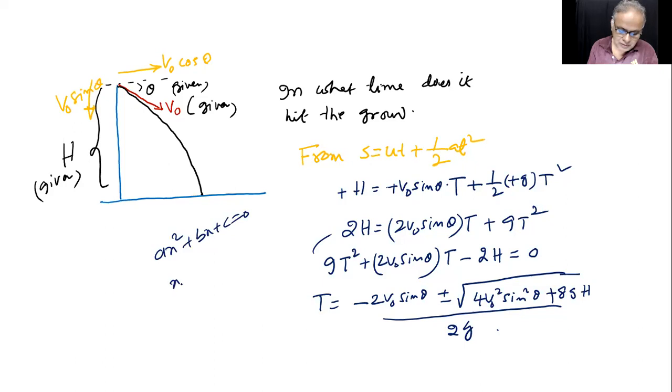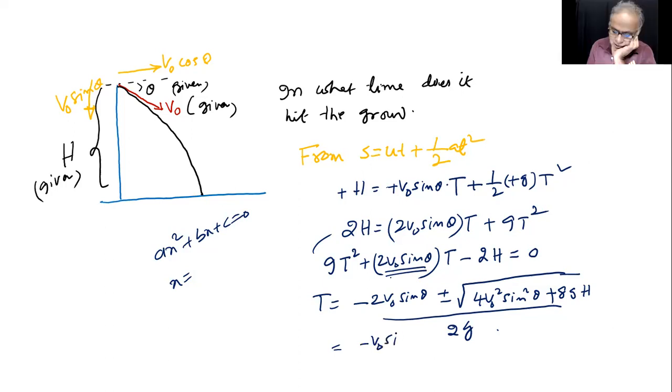If you write x equals, what is the quadratic formula? Tell me, Nihita. This is b. So b square is this only. All right. Got it, sir.